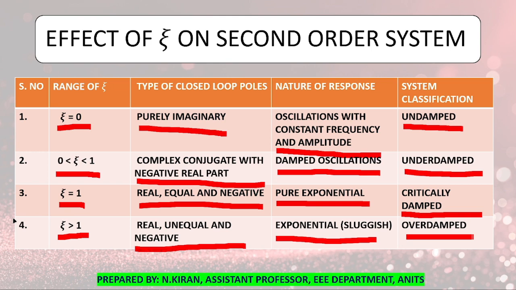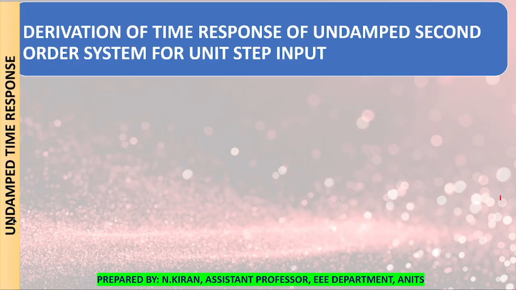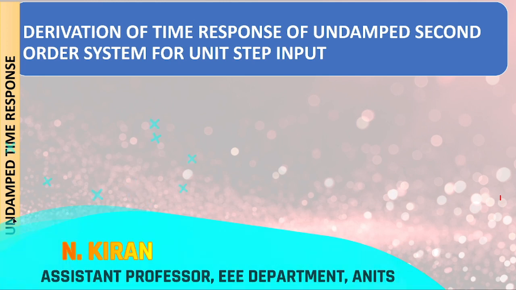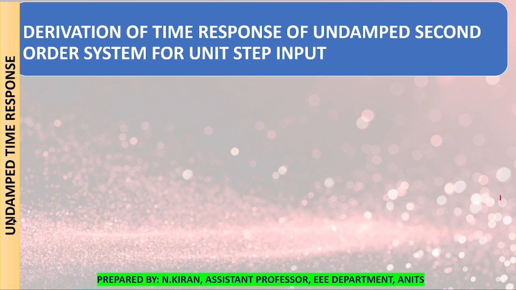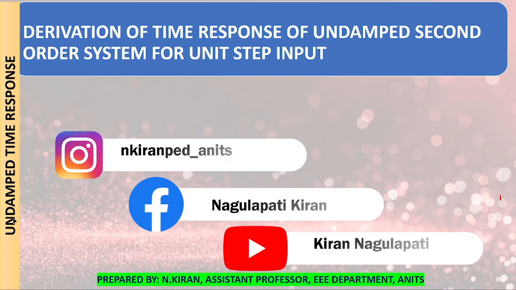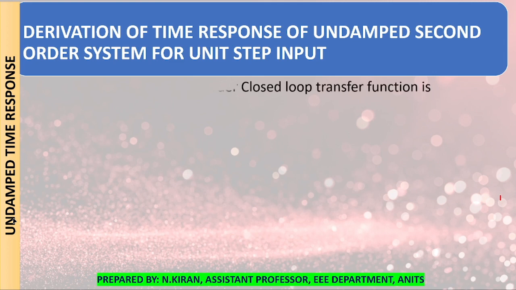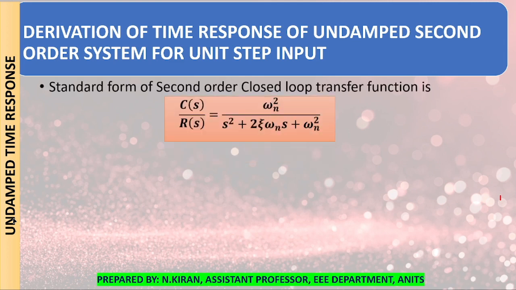Now we are going to derive the response of the second order control system in all these four cases. First, let us derive the expression for the time response of the undamped second order system for unit step input. Since it is undamped, we know that the zeta value is 0.